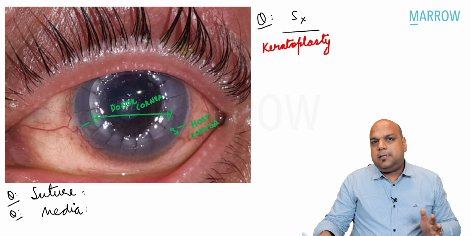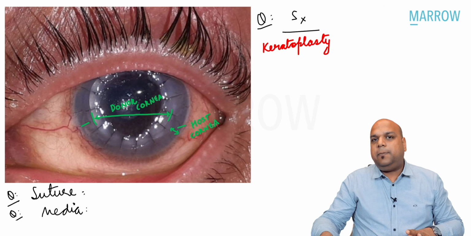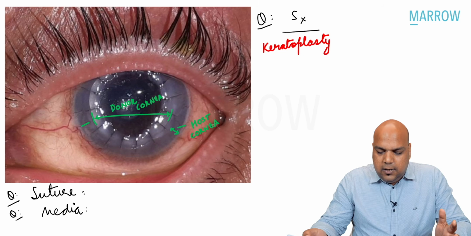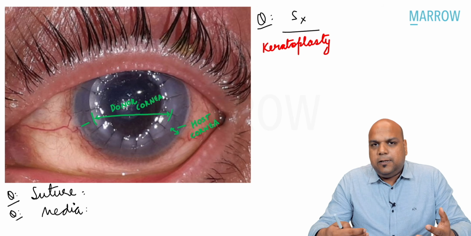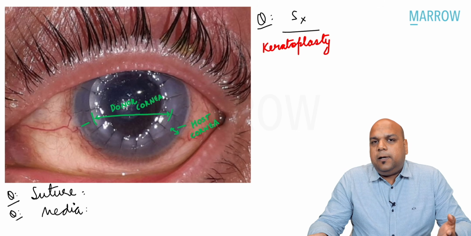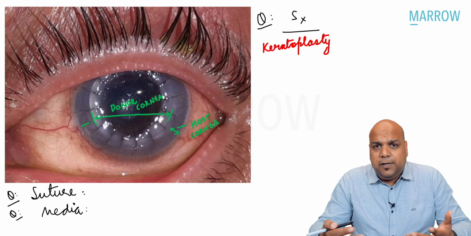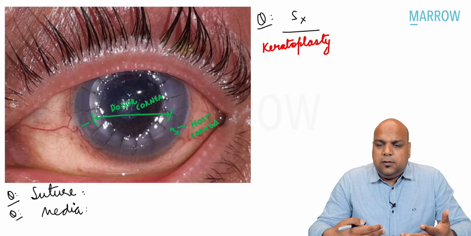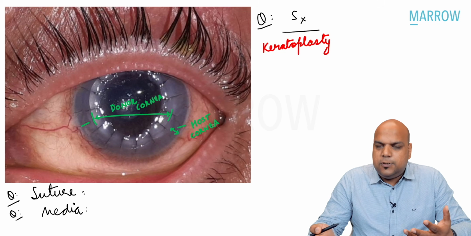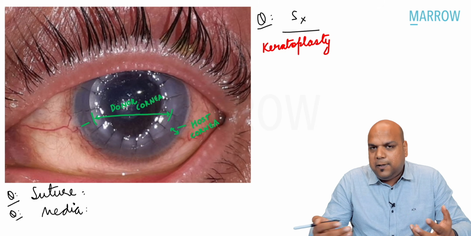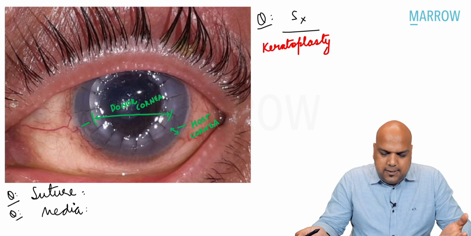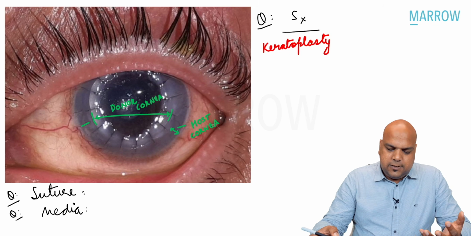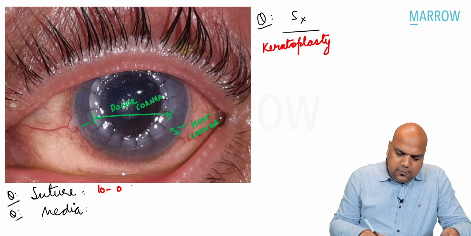See, obviously, keratoplasty can be either a full thickness keratoplasty or a partial thickness keratoplasty, depending on the indications. If it's a complete keratomalacia, then it will be a full thickness penetrating keratoplasty, or it can be a lamellar keratoplasty or a partial keratoplasty if we only need to change the endothelium and the Descemet membrane. So depending on various causes, it can be divided into two types, partial thickness or full thickness basically. But whatever the keratoplasty is, the suture used is 10-0 nylon.